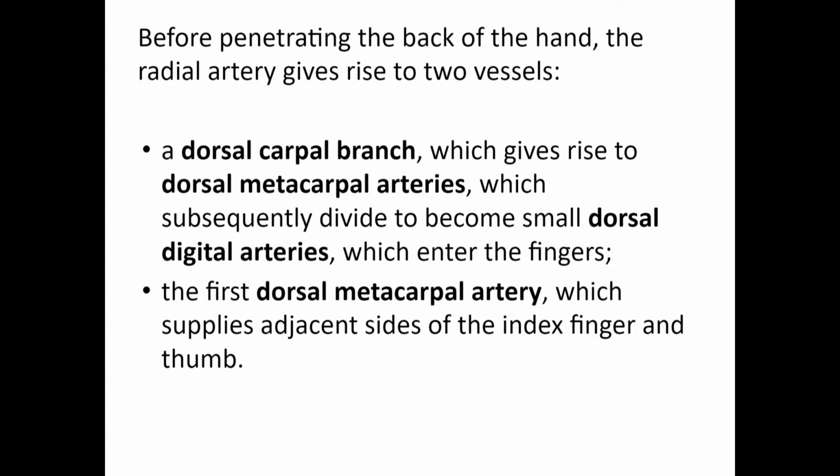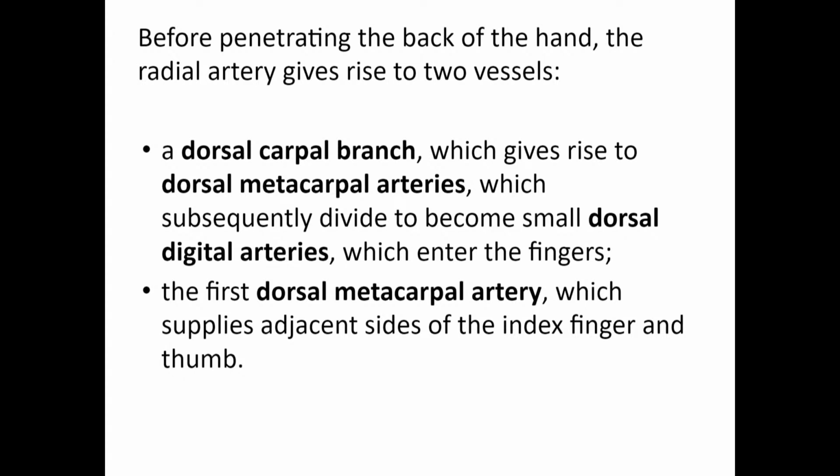And before penetrating to the back of the hand, the radial artery is giving two branches, like two vessels. And these are the dorsal carpal branch, which gives rise to the dorsal metacarpal arteries.